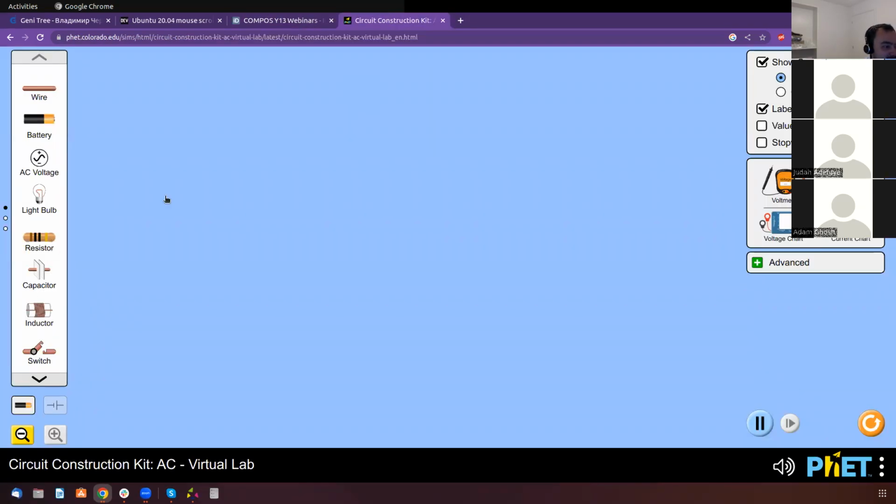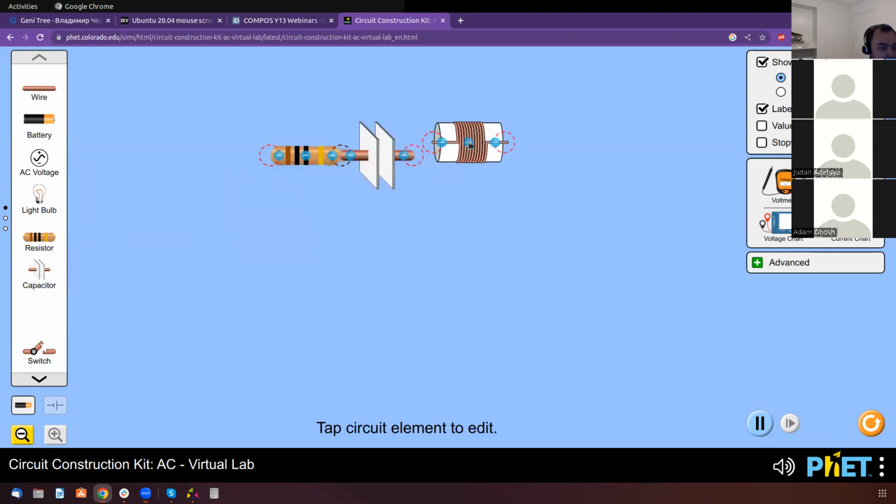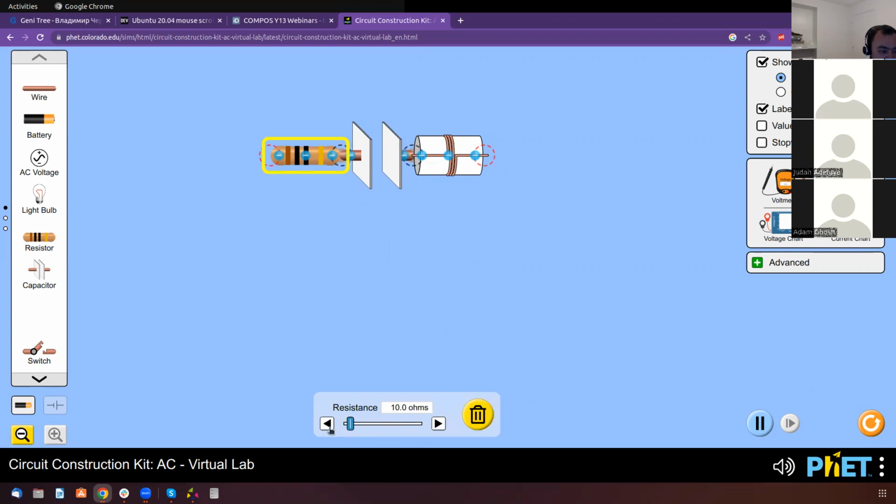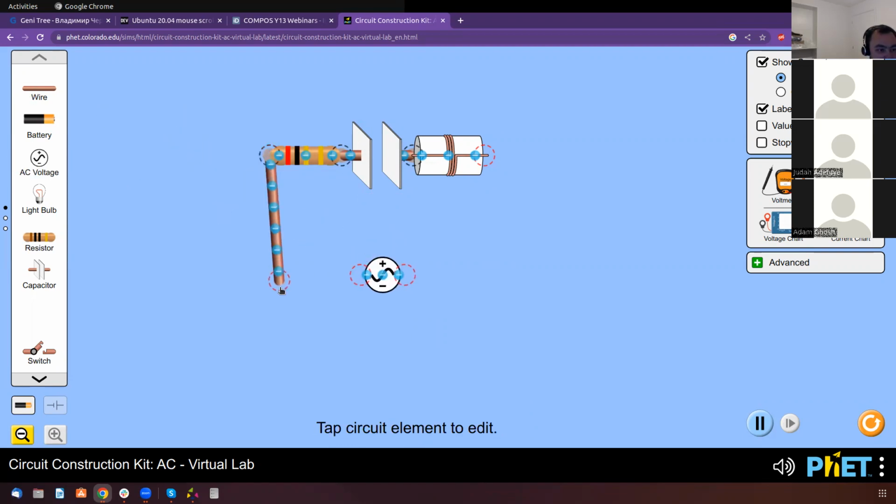We'll have a resistor, a capacitor, and an inductor. Let's make the capacitance 0.05, the inductance 1, and the resistance 2 ohms. And this is the AC voltage, so this is an AC power supply.